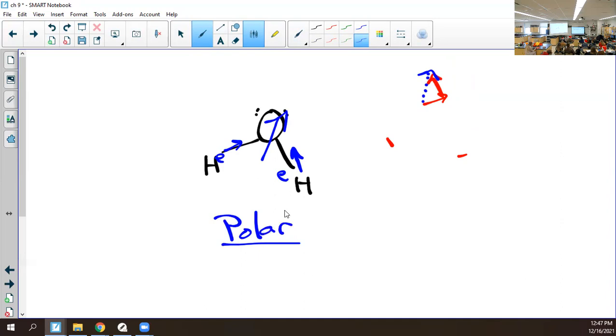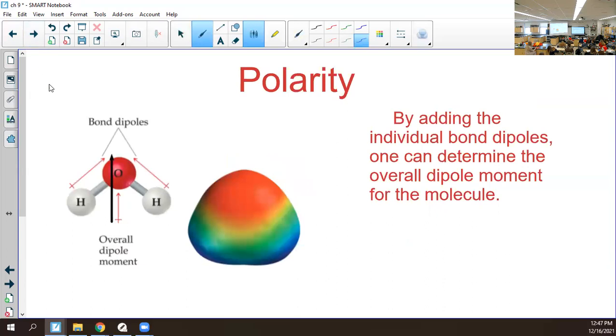But if this was trigonal planar, we had a pull like that way, and that way, they cancel each other out. So this would be non-polar. Okay, stick with me. So by adding individual bond dipoles, one can determine the overall dipole moment of the molecule.